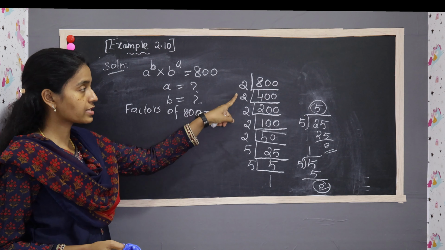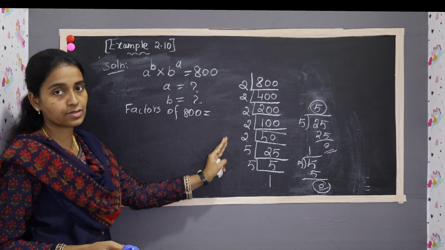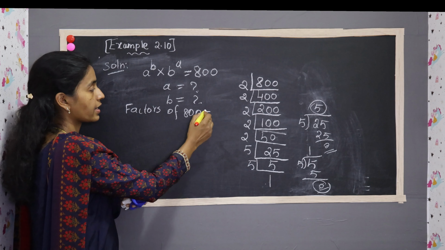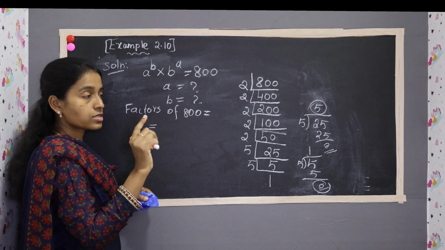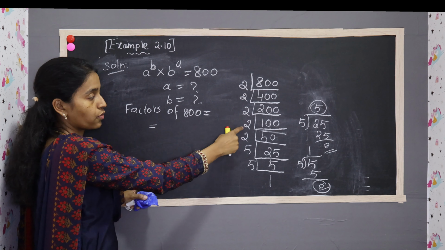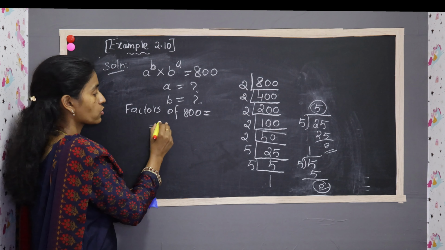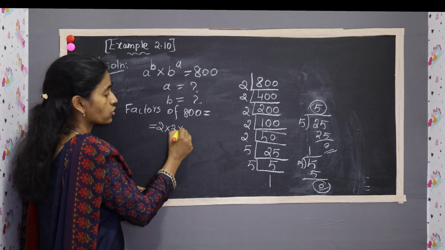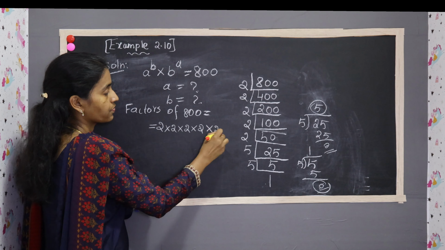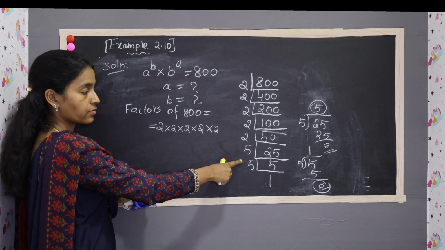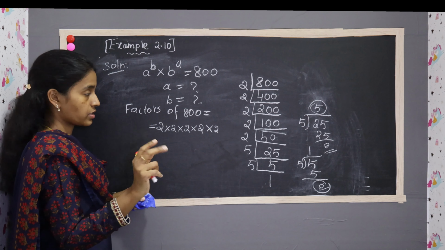So I am considering all these numbers as factors. So I can write 2 appears 5 times, 1, 2, 3, 4, 5. 5 times, right? So 2 into 2 into 2 into 2 into 2. And 5 appears 2 times.